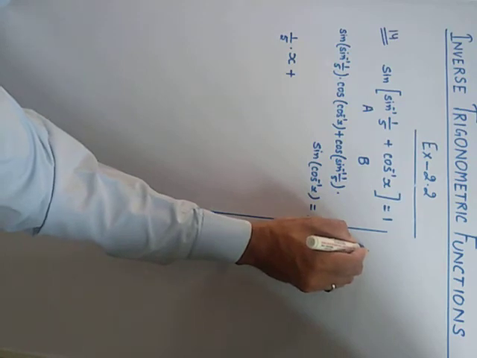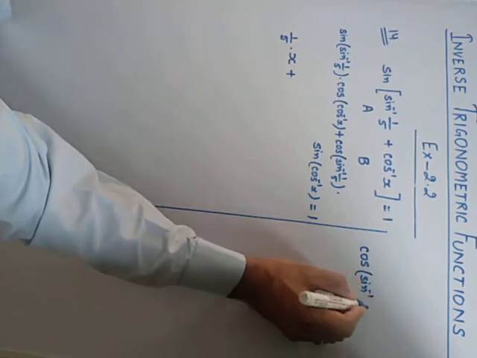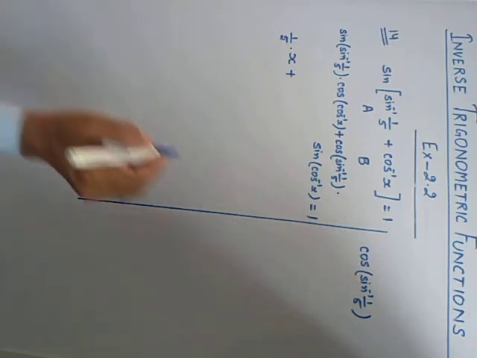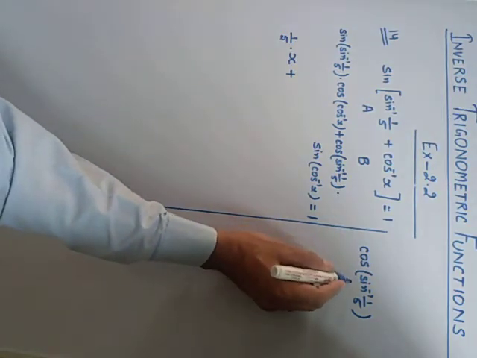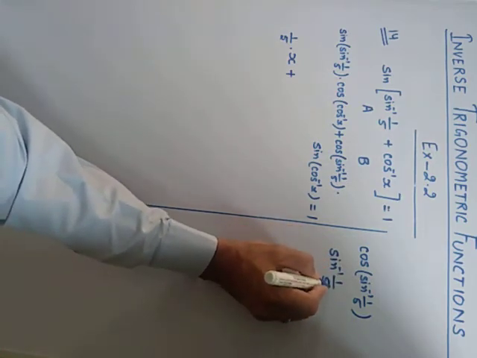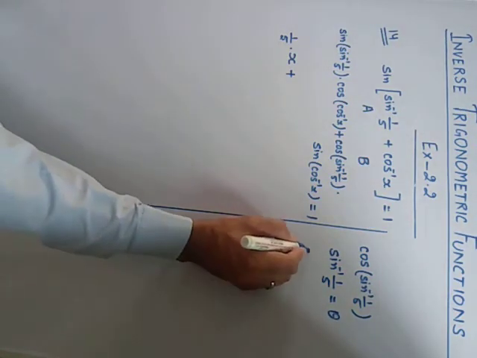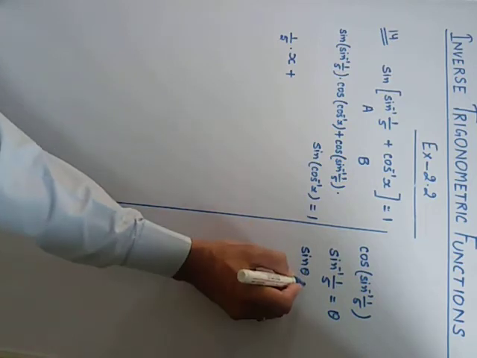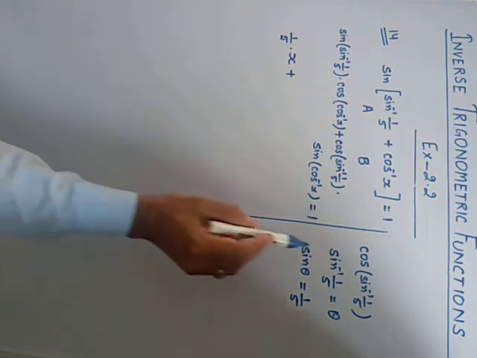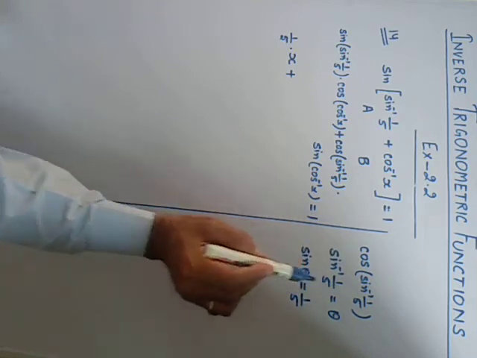So first we will find the value of cos of sin inverse 1 by 5, and for this we will assume that sin inverse 1 by 5 equals theta. So we can write sin theta equals 1 upon 5. Now we have to find the value of cos theta.